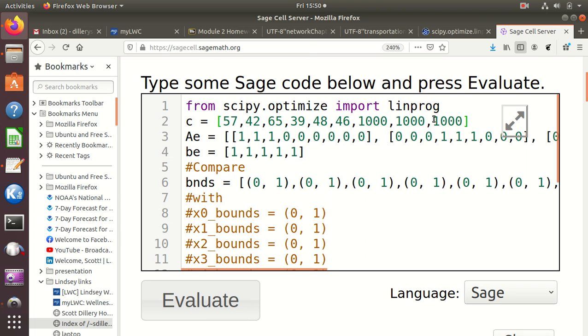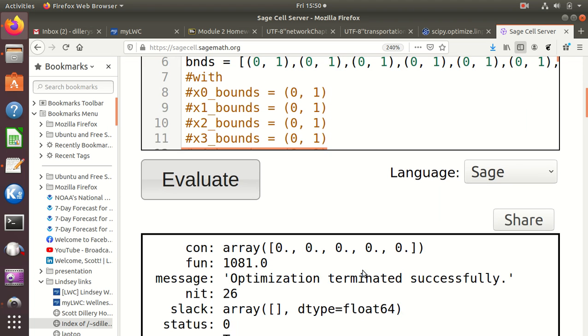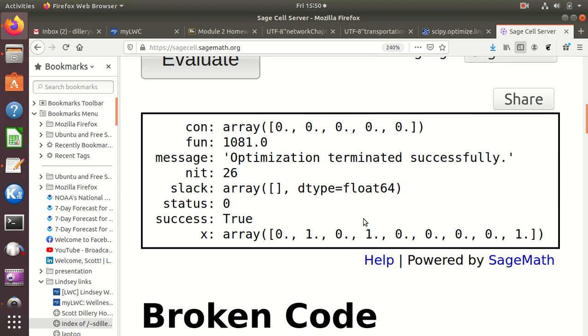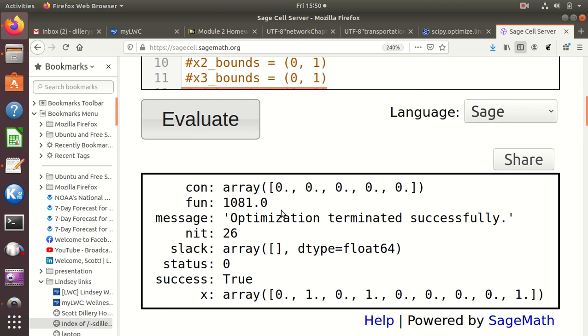But it doesn't matter which one I assign it to. And so I think from an intuition standpoint, just make it really expensive. I can do that, and we can look at an answer. And it says, terminated successfully. It's now 1,081.